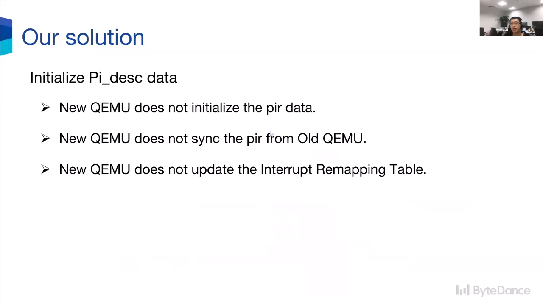First, PI descriptor data shouldn't be initialized when the new QEMU is initialized. Second, the new QEMU doesn't need to seek post-interrupt request data from the old QEMU, because PI descriptor data is shared between the new QEMU and the old QEMU. Last, the new QEMU doesn't need to update the interrupt mapping table during the live upgrade.